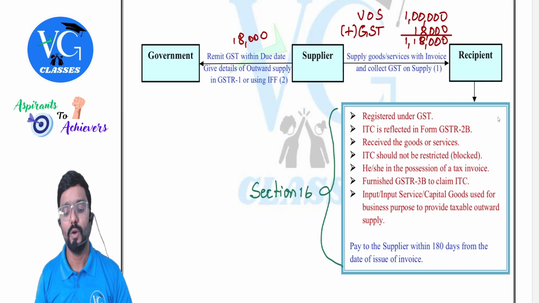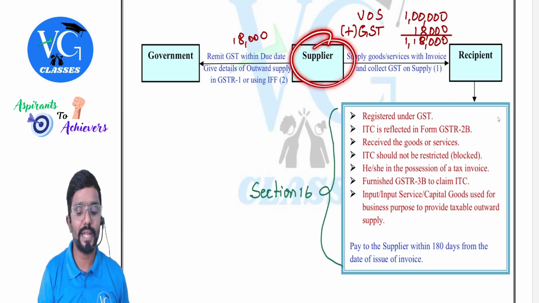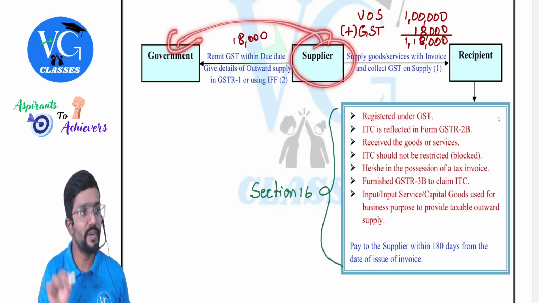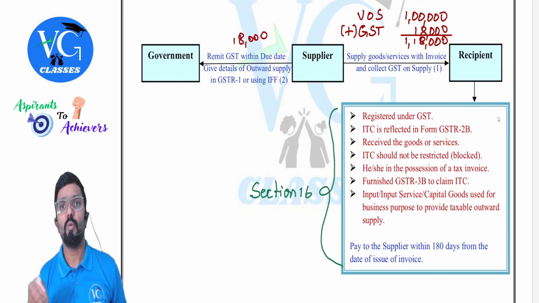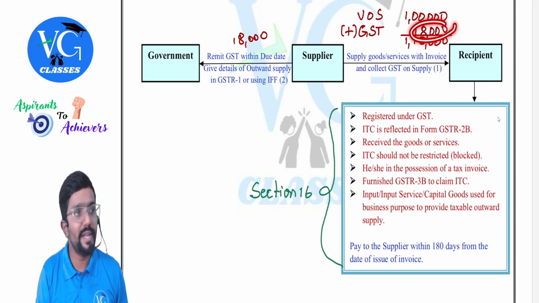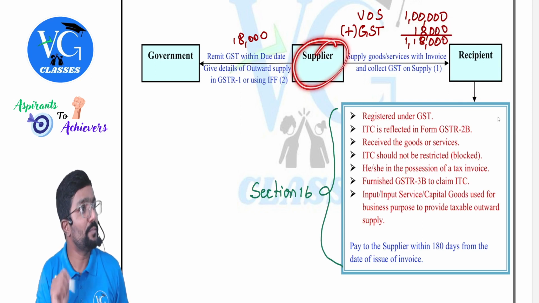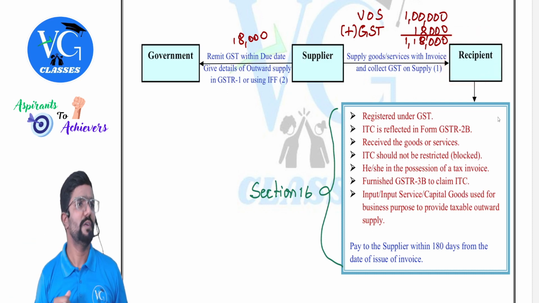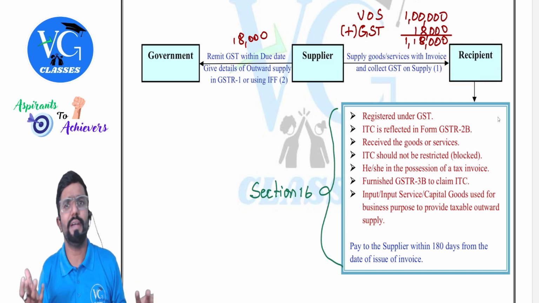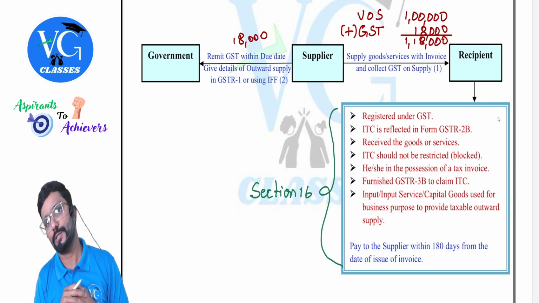What they're telling is, whatever tax the supplier has deposited to the government, only if it is deposited by him, we will give credit to the recipient. Sir, what if the supplier has collected the money 18,000, but he has kept it in his own pocket? He didn't deposit it to the government. Will the government give a credit to the recipient? No. When they have not received the money, they will not give the credit of the same, guys.